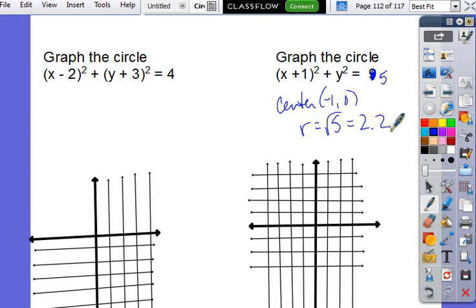So when I start graphing, I'm going to do my −1, 0, but I'm going to go up 2.2. Well, I can't be exact with that, but I know it's above that line. This is 2, so I'm going to go a little bit more. Down 2, a little bit more. Left 2, a little bit more. So that's what I would be looking for. If it was 2.9, then make it closer to the 3 line. That's all I'm checking.